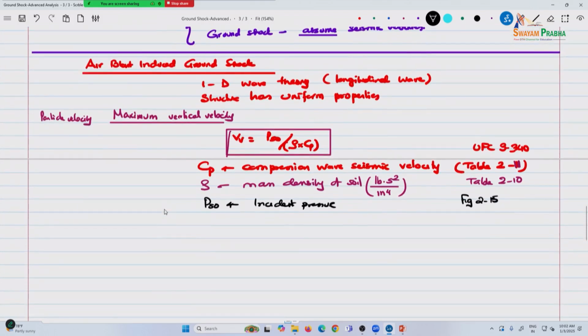So, that's your maximum velocity. Then you have your maximum vertical displacement.